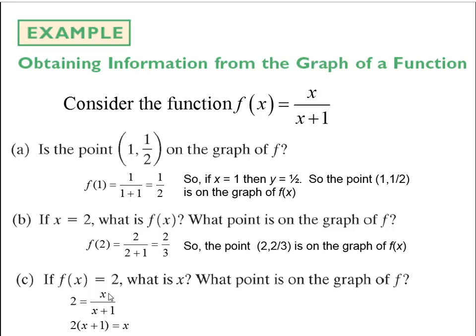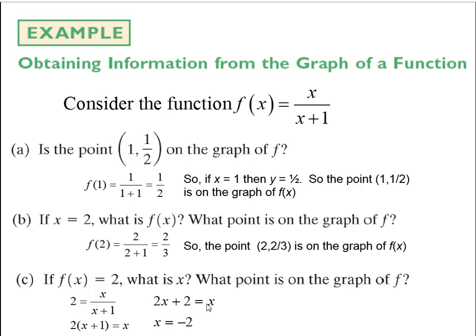All right? So doing the arithmetic of solving for x, I'm going to multiply both sides by the denominator. So I'm going to multiply the right-hand side by x plus 1, and it's going to cancel out. I'm going to multiply the left-hand side by x plus 1, and I get rid of my denominator on both sides. Right? Then I'm going to distribute my 2, so I'll get 2x plus 2 equals x.